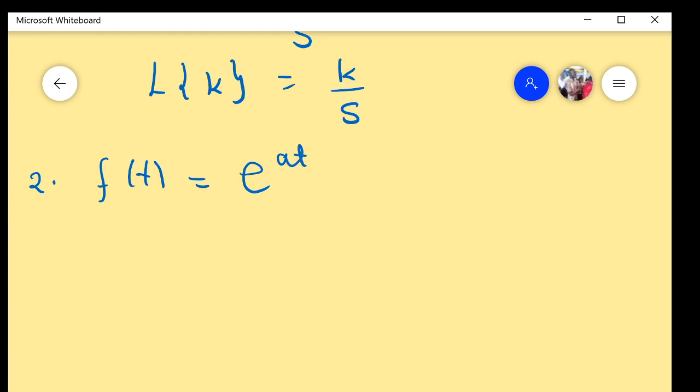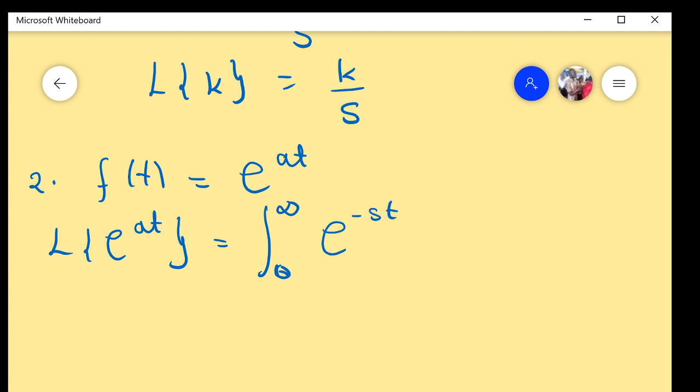So let's look at the Laplace transform of e to the power at, which is equal to the improper integral from 0 to infinity of e to the minus st times e to the at dt.